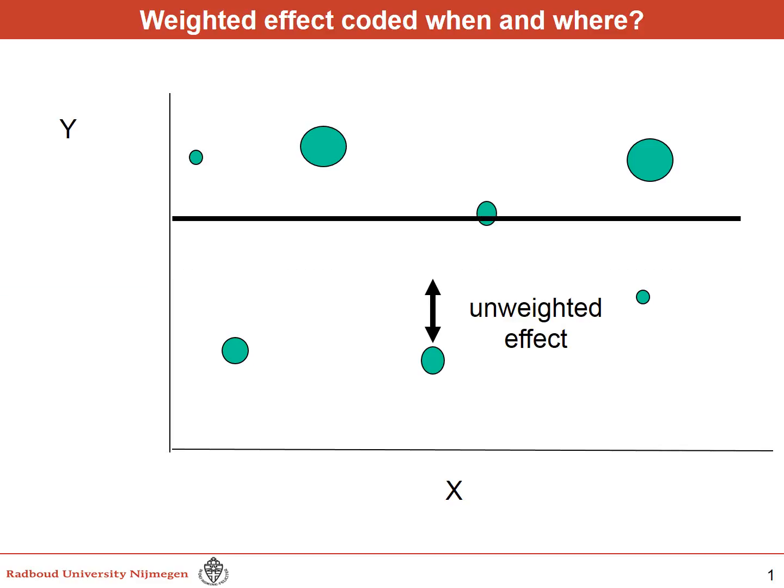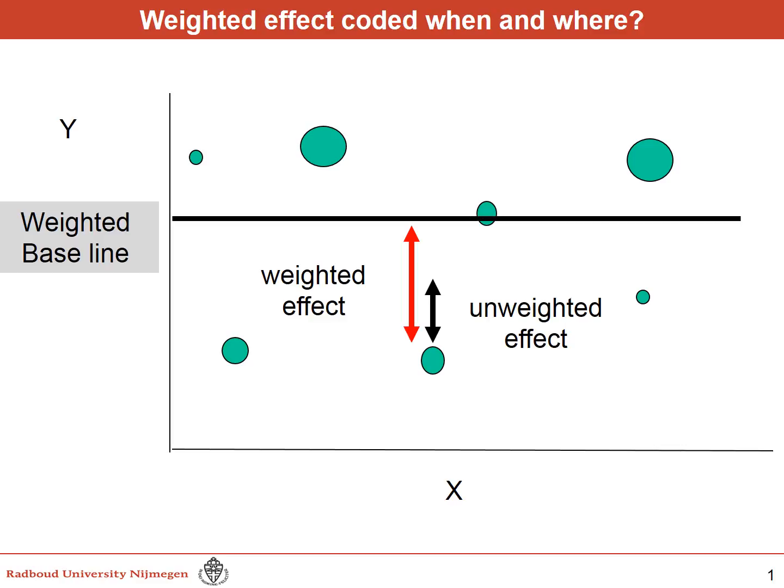If you would take the differences in the sizes of the circles into account, the weighted baseline would be somewhere over here. And if we would now estimate the weighted effect, then we see that we get quite a different effect for that particular category.